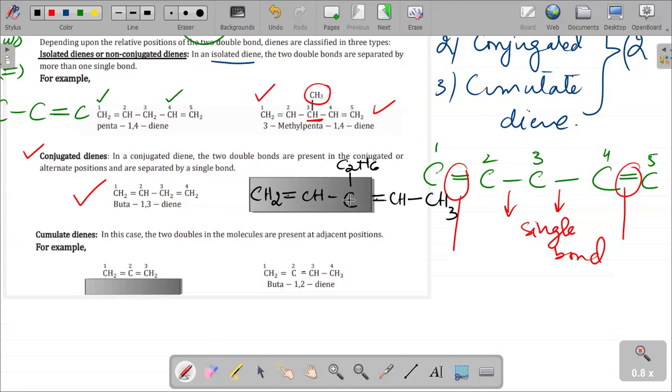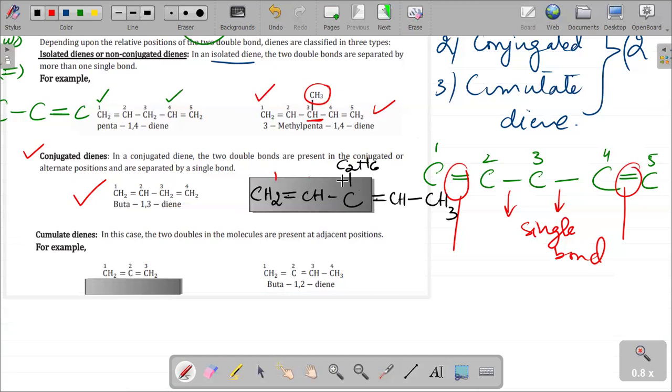Okay, now this is again a conjugated diene because the double and single bonds are present on alternate positions, or between the two double bonds there is only one single bond: double bond, single bond, double bond, and then single bond. So if we write the name of this compound, this is 1, 2, 3, 4, 5.